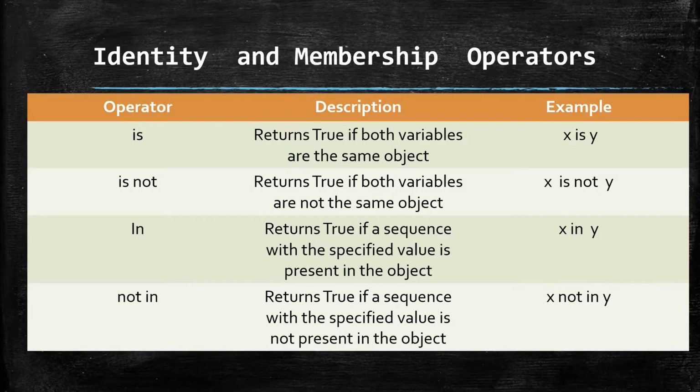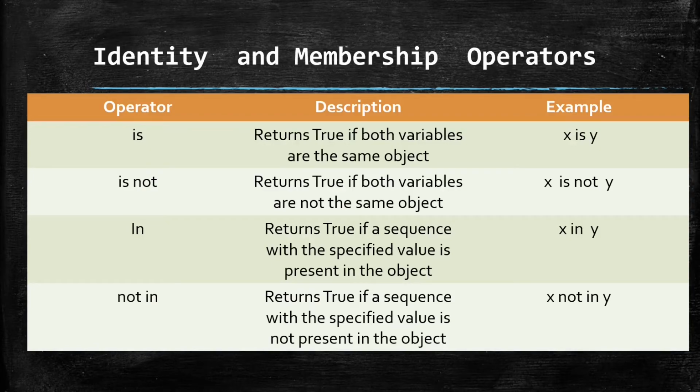For example, I have a set of elements 1, 2, 3. I need to check whether the value 1 is in the list or not. So I'm going to use in and not in. Why are we using not in? For checking that the value is not in the sequence or a list.